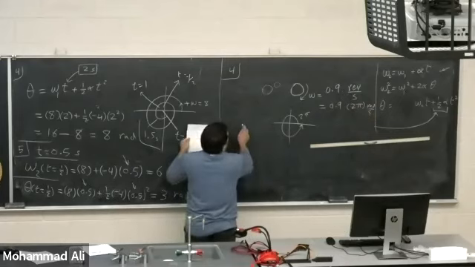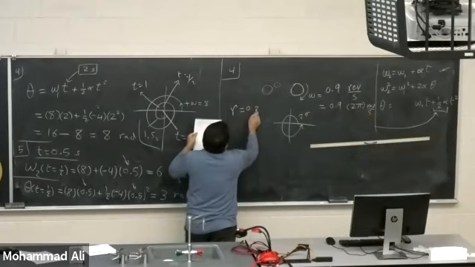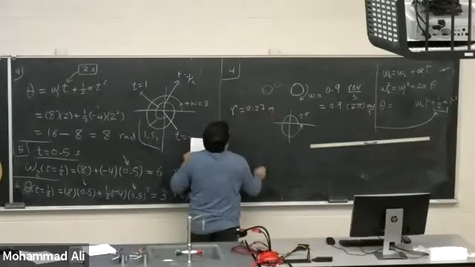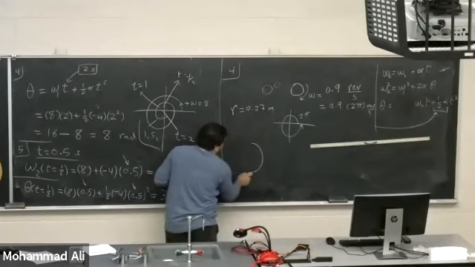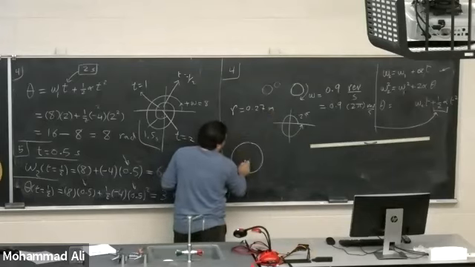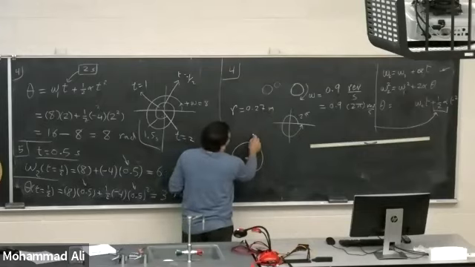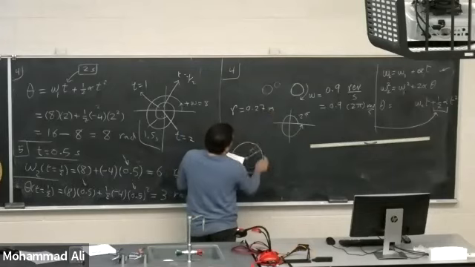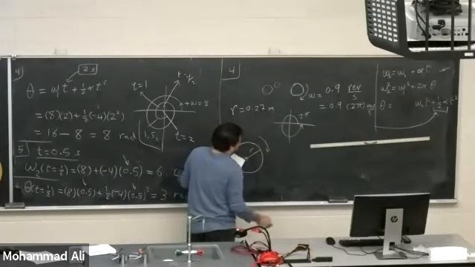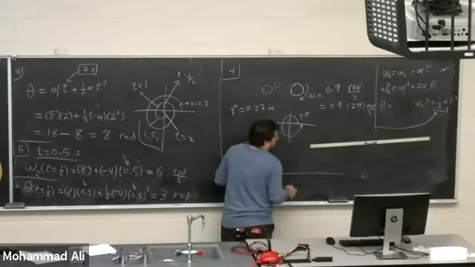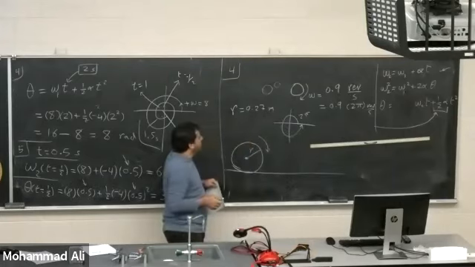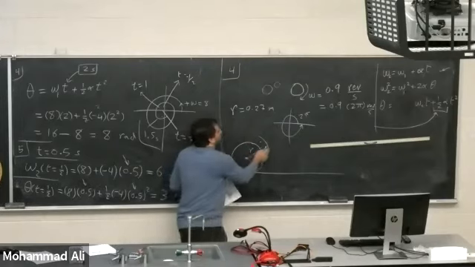If the radius of the wheel is equal to 0.27 meter, this is 27 centimeters. So this wheel, and this is the radius, and this is omega in this direction. This is omega, it's given.